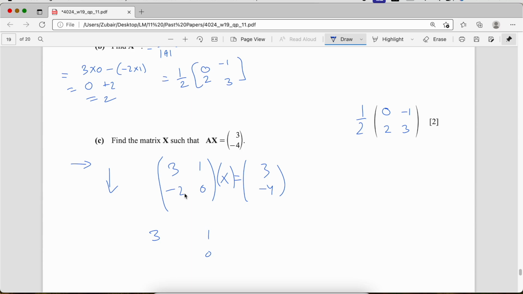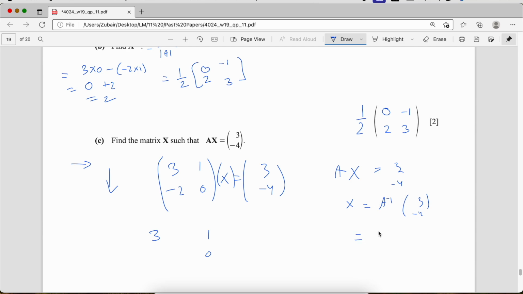And in case of minus 2, a row into column, first row, first column, second row, second column. Or just simply I have that option as well, that we can go for X. AX is equal to (3, minus 4), so X is equal to A inverse into (3, minus 4).